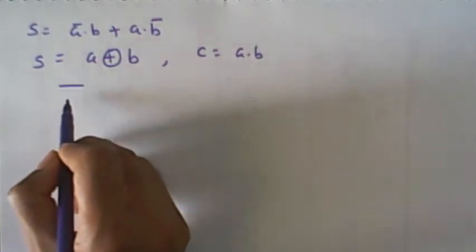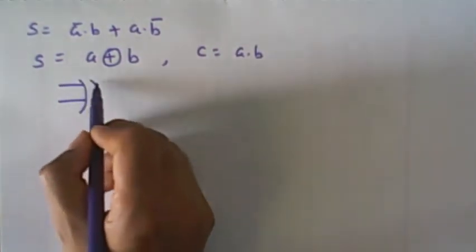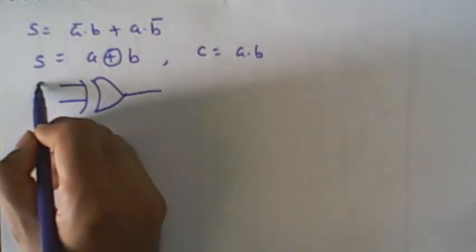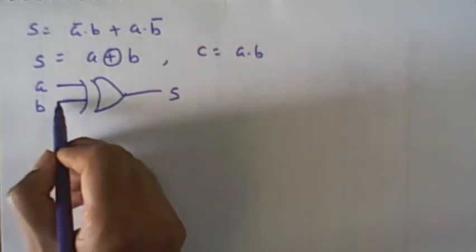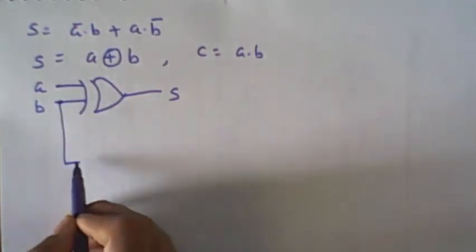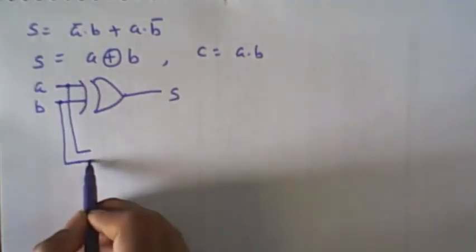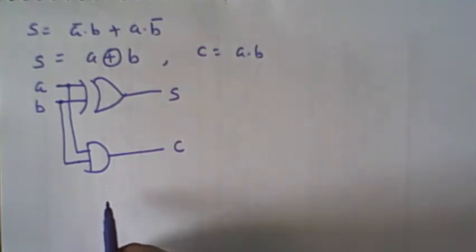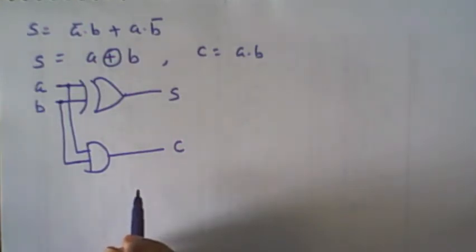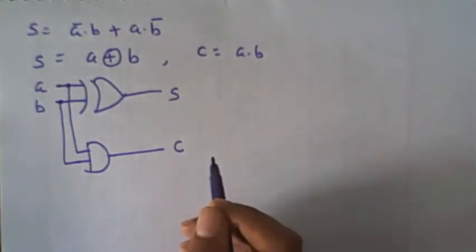So another circuit uses a two input XOR to implement the sum and a two input AND to implement the carry. So this is another topology or circuit diagram for implementation of a half adder, right?